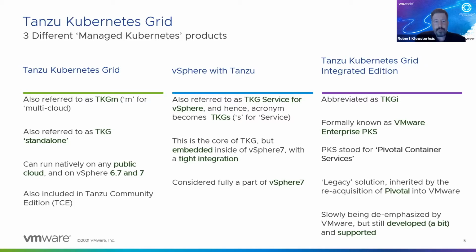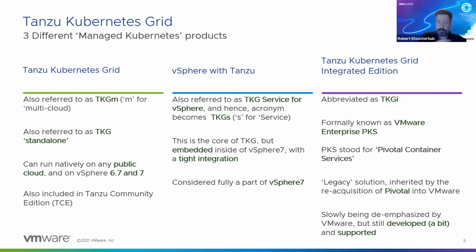They both contain the same core Tanzu Kubernetes Grid managed Kubernetes runtime. The only difference is that in vSphere with Tanzu, they've taken TKG and made it a part of vSphere. They've actually embedded it into vSphere and into ESX. And in that context, it's sometimes called the TKG service, hence TKGs.